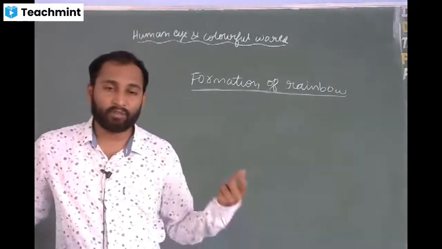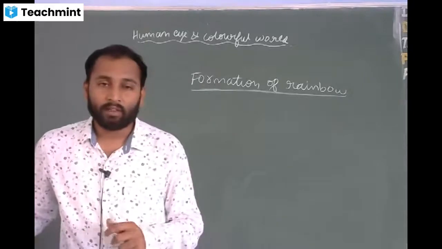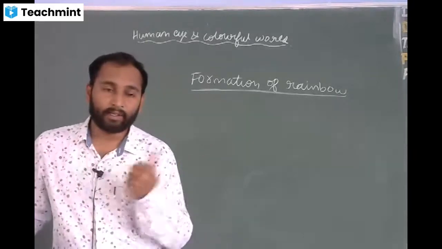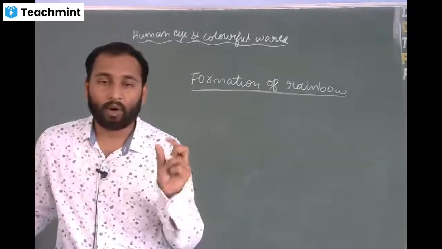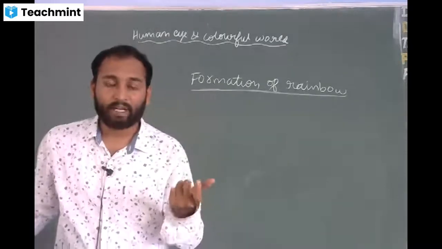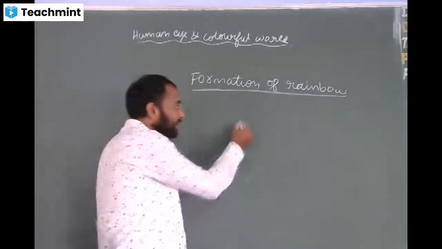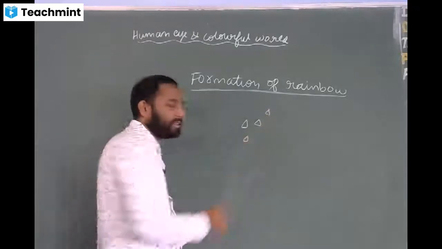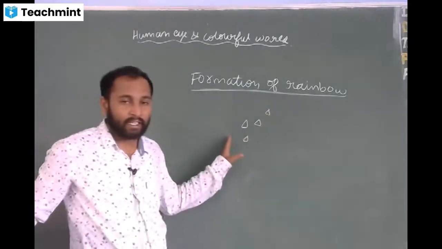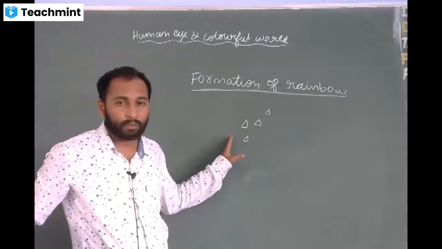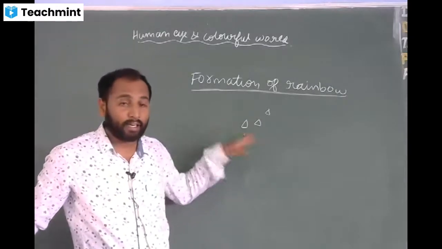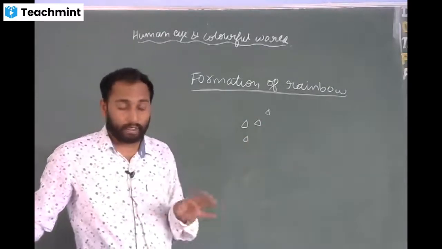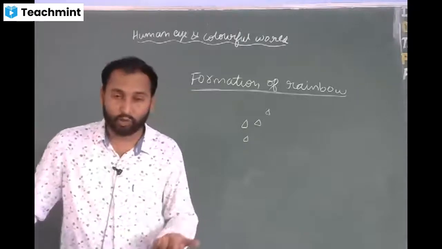The main reason for the rainbow is that sunlight enters through the tiny water droplets present in the atmosphere. These tiny water droplets act as a prism. Rainbow occurs when sunlight enters the tiny droplets present in the atmosphere after a rain shower, not during rain.